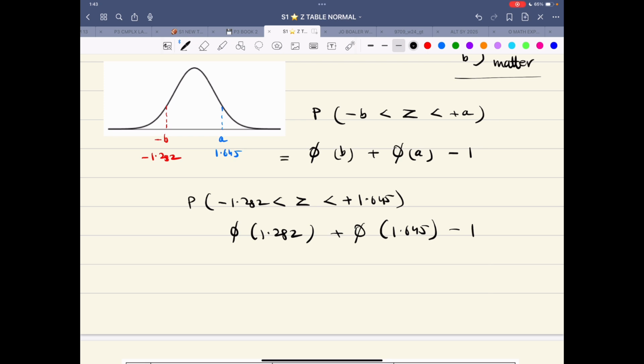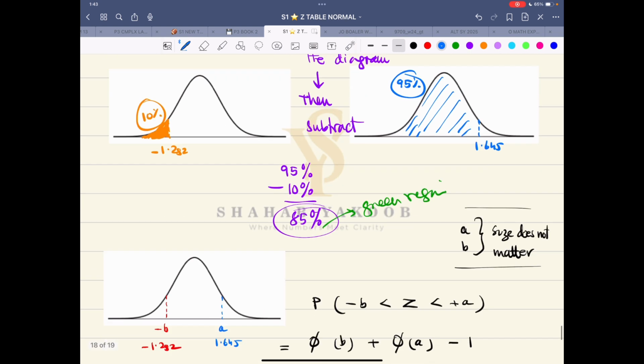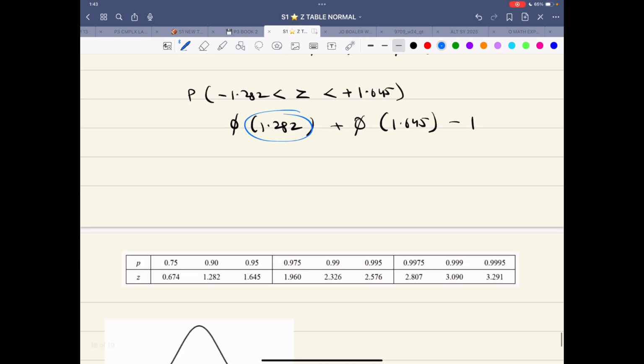Now phi of 1.282 is how much? Phi of 1.282 is this 90% over here, or 0.90. And let me not choose this color so that you don't confuse this blue with the other one. Let me just use a purple color. Phi of 1.282 is 90%. Phi of 1.645 is 95%, minus 1.